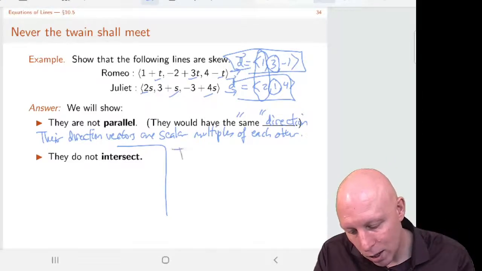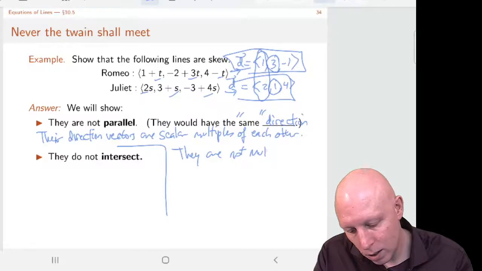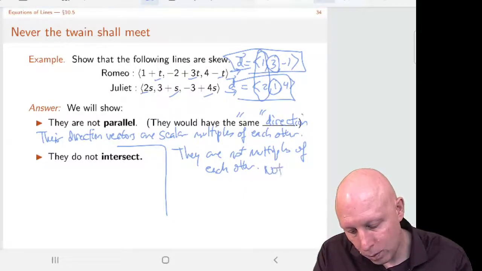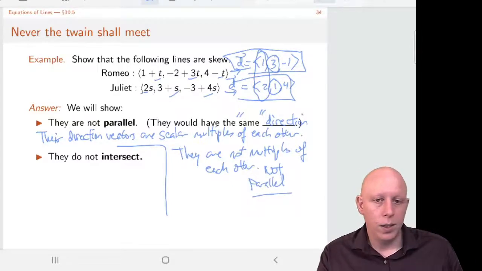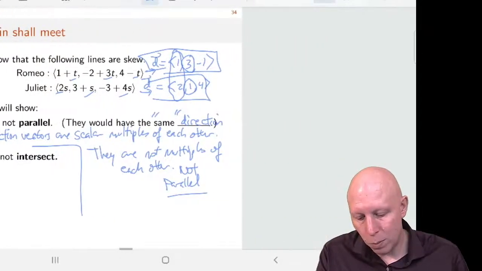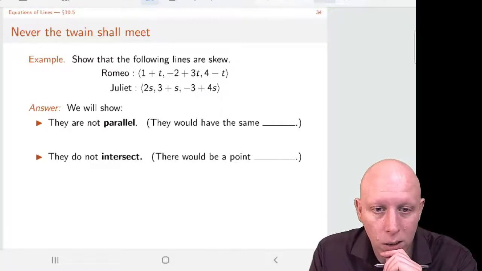So they are not multiples of each other. So they're not parallel. And then we want to show that they don't intersect.